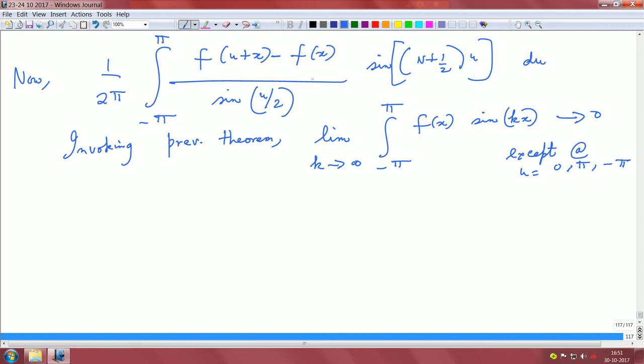Right, this is some function. I am basically expanding this, and when this is modulating, as n goes large, this basically vanishes.